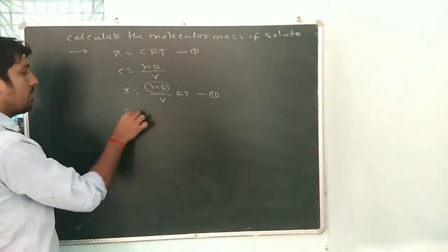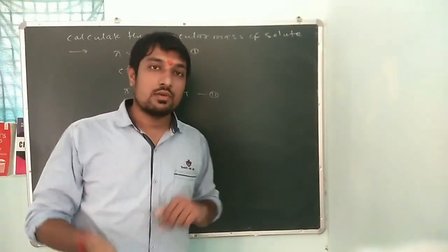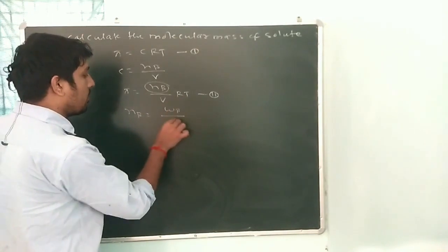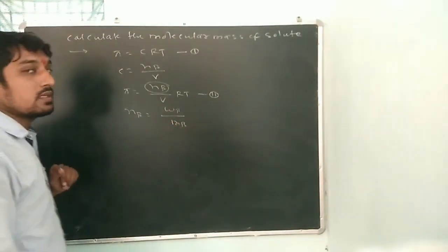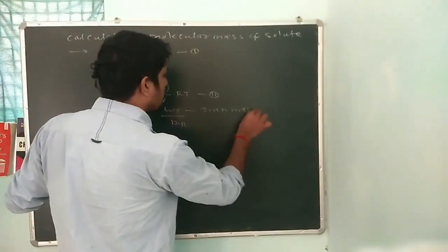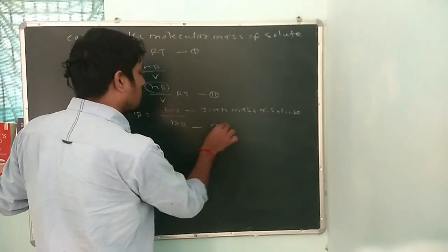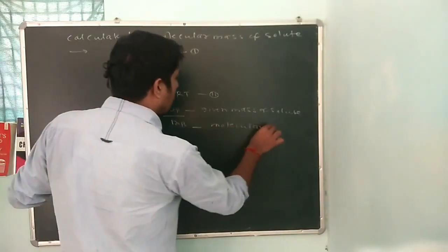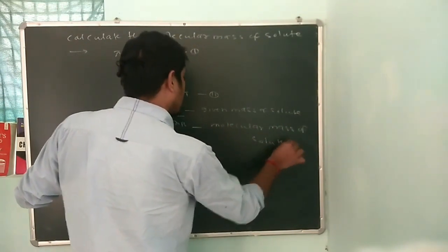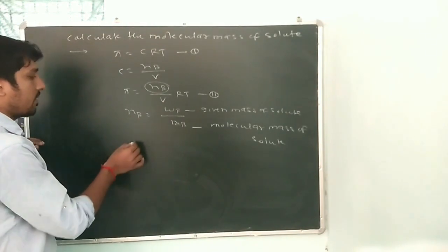What is nB? nB is the number of moles of solute. What is the formula of nB? WB upon MB, where WB is the given mass of solute and MB is the molecular mass of solute.